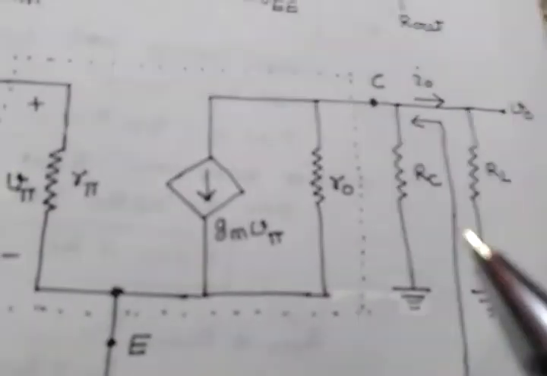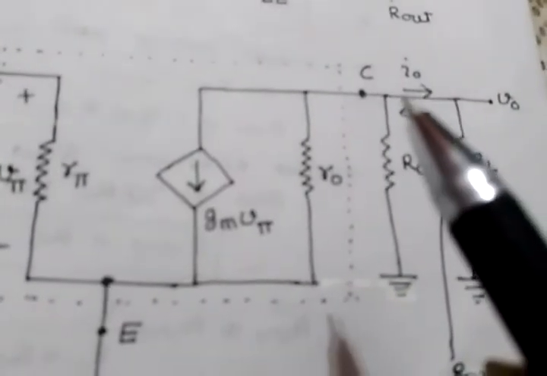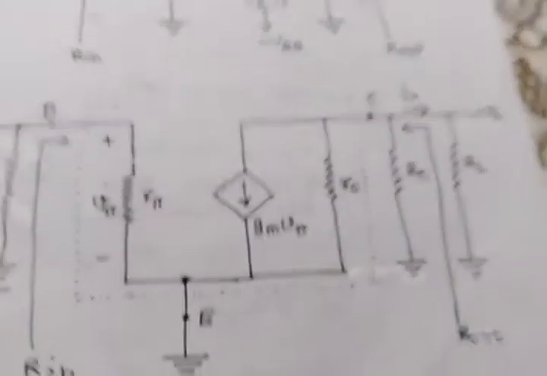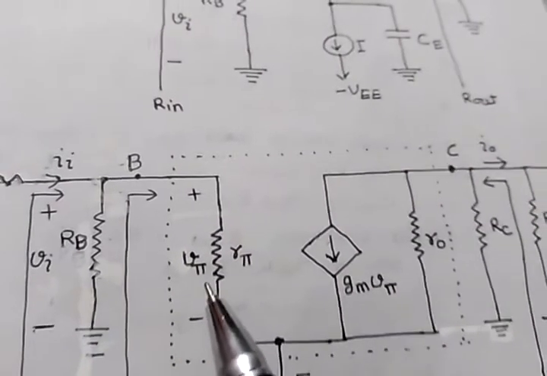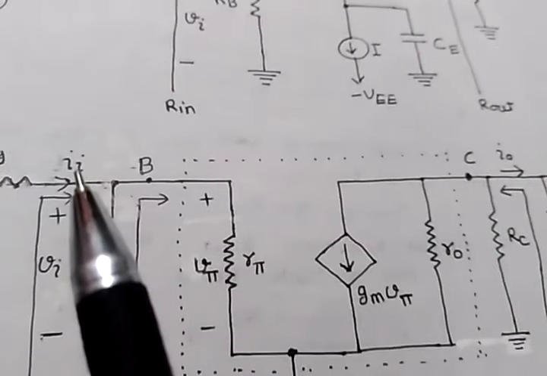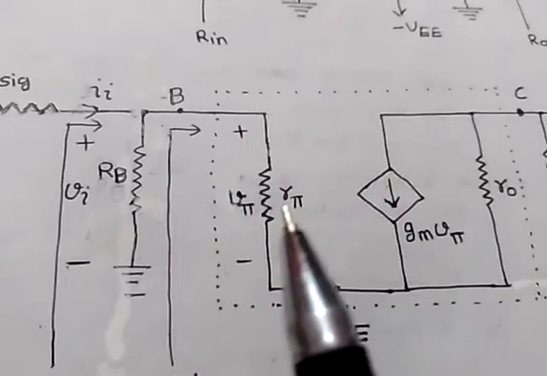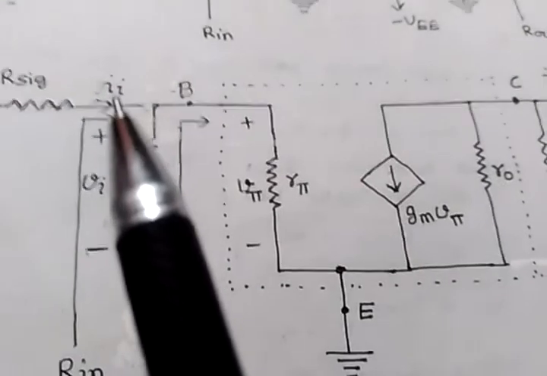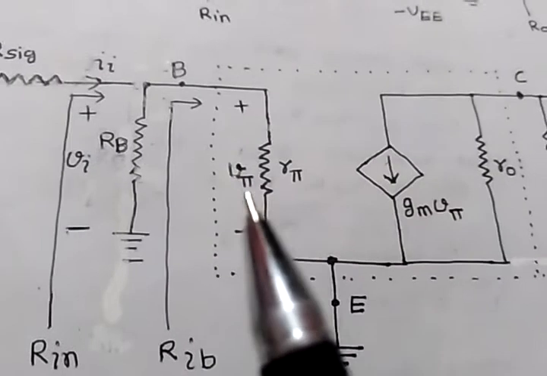See this figure. At the place of Vpi, we can write Ii multiplied by Rin, because Vi and Vpi both are same, they are in parallel, and Vi can be calculated by multiplying this current Ii with the total resistance Rin.